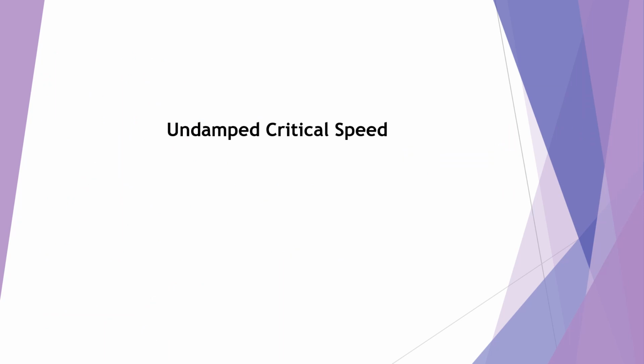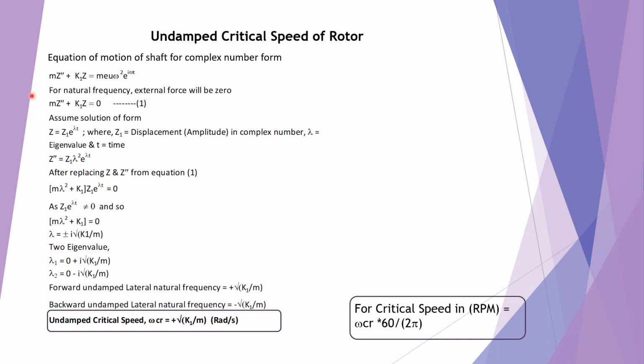Now undamped critical speeds. Now we have to find out how the expression is derived for undamped critical speed. Equation of motion of shaft for the complex form, just now we have seen, m into z double differentiation plus k1 into z is equal to m into eu into omega square into e to the power i omega t.